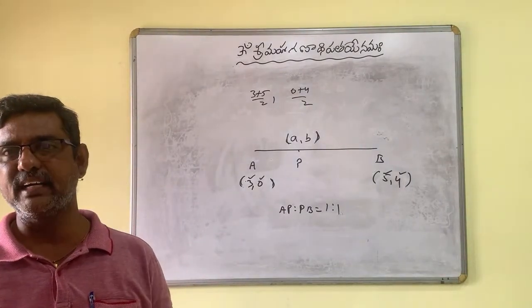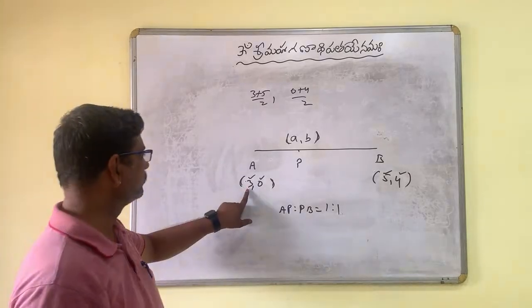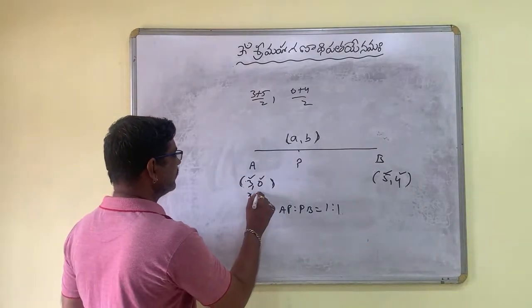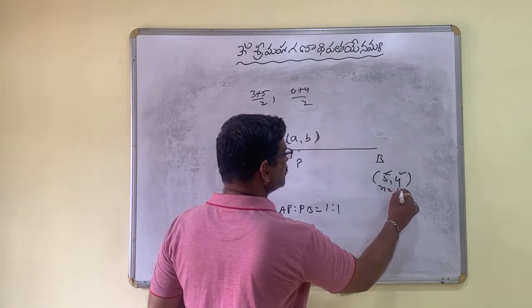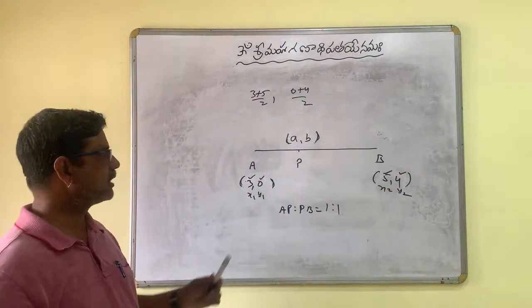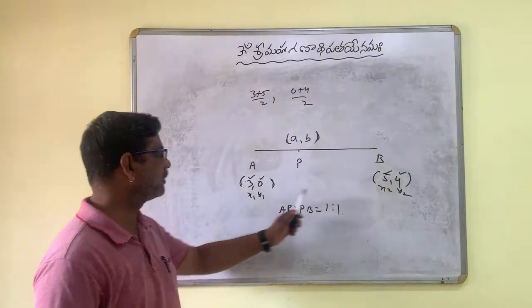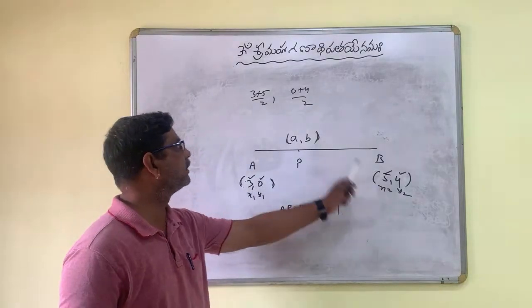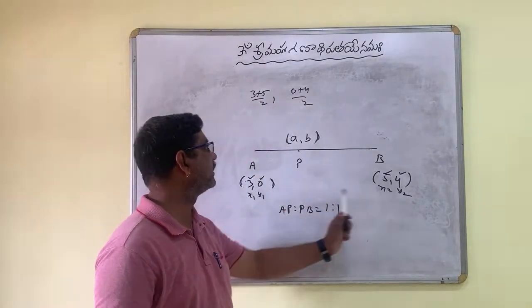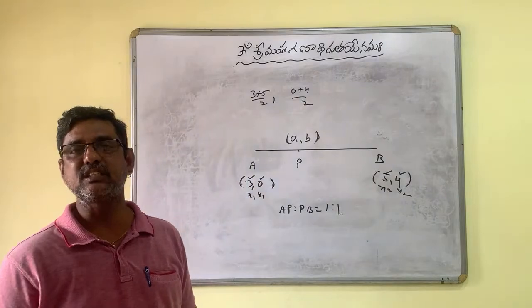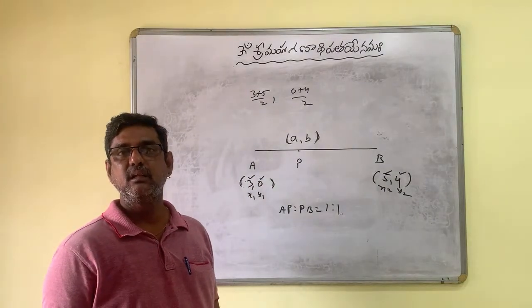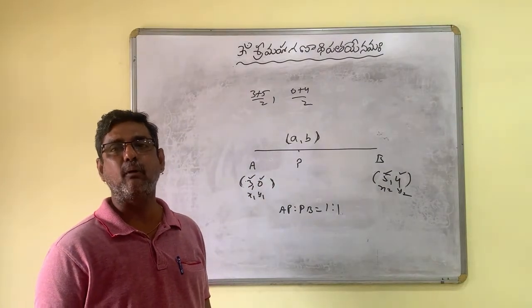With points (x1, y1) and (x2, y2), it is x1 plus x2 by 2 and y1 plus y2 by 2. This works only when P is the midpoint.